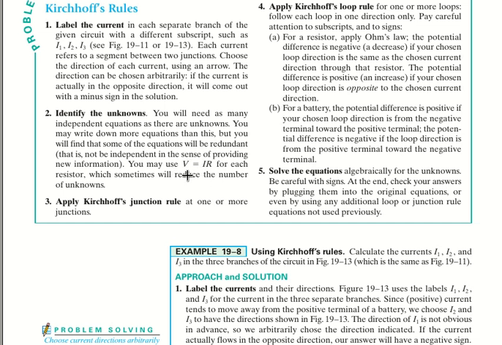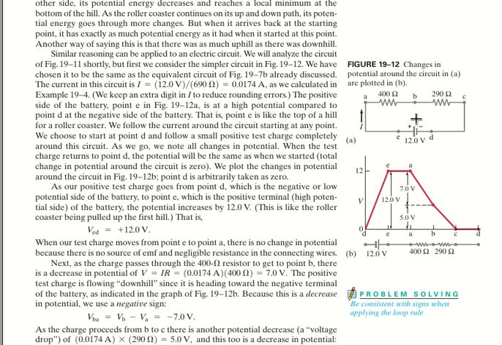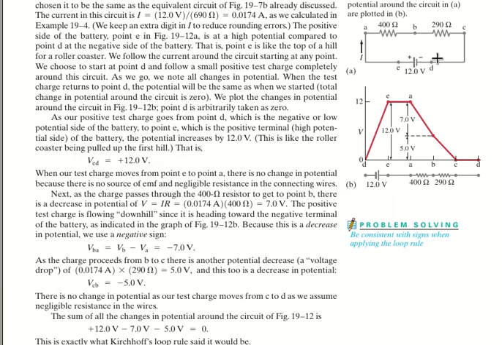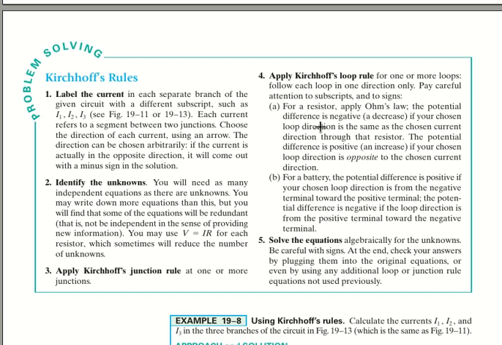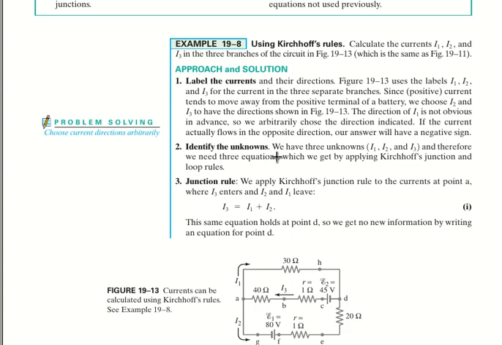For the battery, if the current goes this way, it is adding, since it goes from minus to plus. It usually has the same sign as the current passing. If it goes from minus to plus, it is adding. If it goes from plus to minus, it is subtracting. And finally, you are going to reach hopefully as many equations as unknowns, and you can solve it.